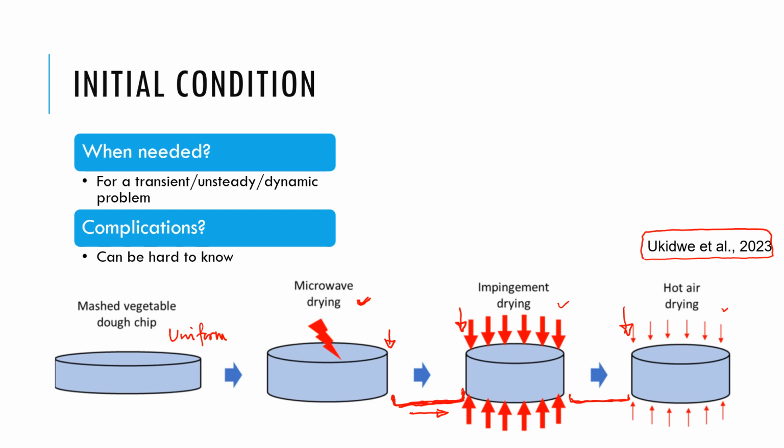So I just wanted to show you that the initial condition, which almost always we assume to be some constant value, can have complications and can be hard to know. Now again, our rule of as simple as possible but no simpler is still valid. So these kinds of complications, like we have in these resting zones, at least initially, we can ignore them, and we can use the condition at the end of microwave drying as the initial condition for impingement drying.